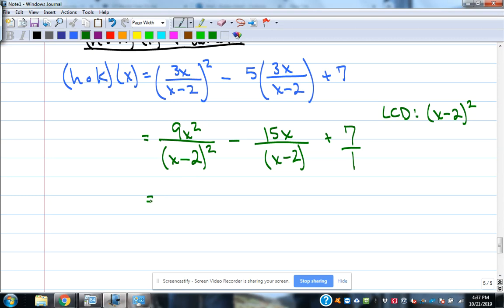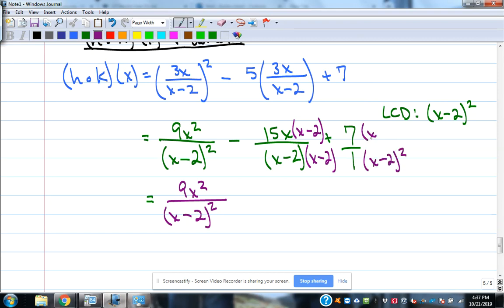So the first fraction is just going to be 9x squared over x minus 2 squared. The second fraction needs another x minus 2, so I'm going to multiply x minus 2 on top and bottom. The third fraction needs x minus 2 twice on top and bottom. So that's going to give me 15x squared minus 30x over x minus 2 squared.